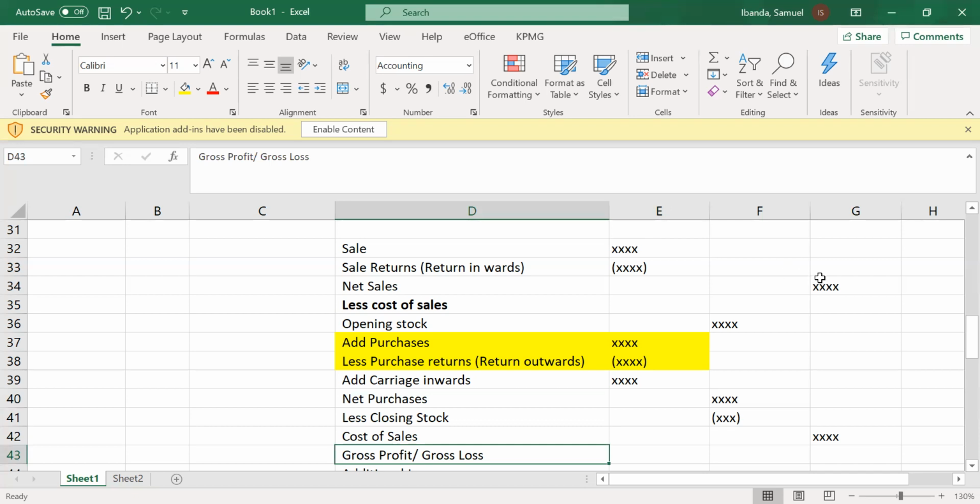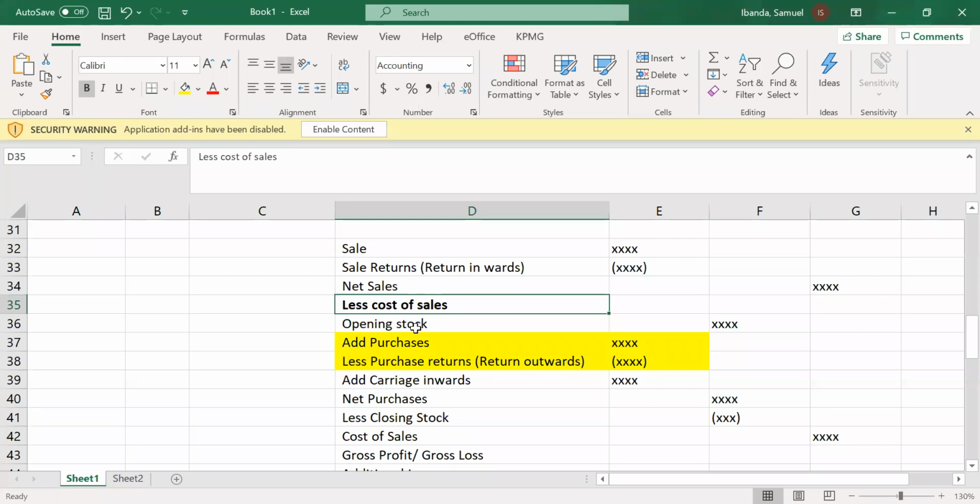So the higher the cost of sales, the lower the profit. I hope that comes to you very clearly, because it means you're going to remove a higher value from your sales to determine your profit. So the higher the cost of sales, the lower the profit.